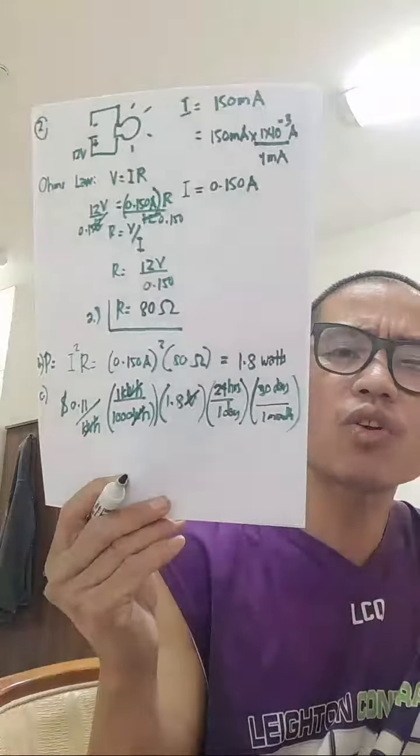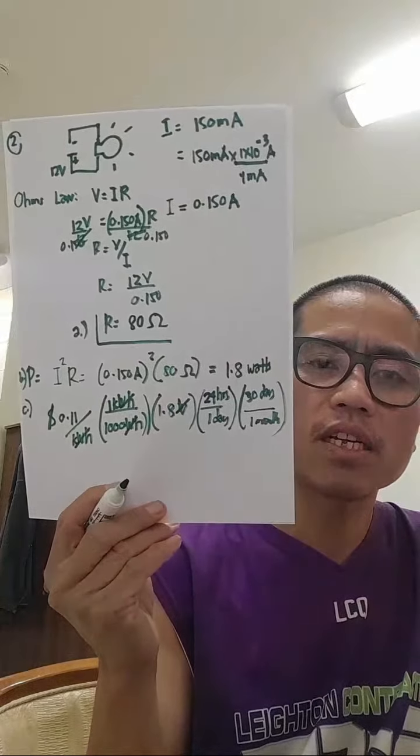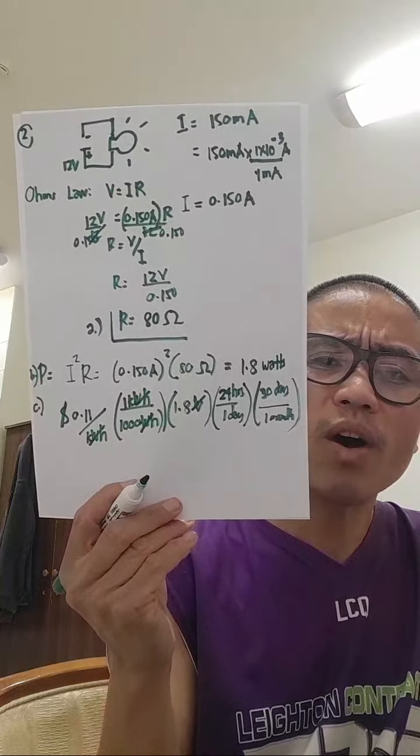So we cancel, class. From hours to a month, convert. In one day there are 24 hours, in 1 month there are 30 days. As easy as that.